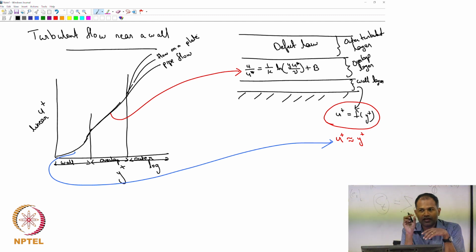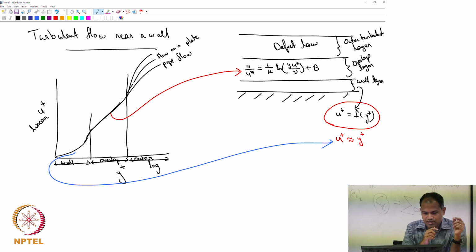Their profiles are independent of the outer flow field; only the outer flow field depends on the exact configuration. That's why I have plotted just one line for the wall layer and the overlap layer, because they are universal profiles, and then things start changing.